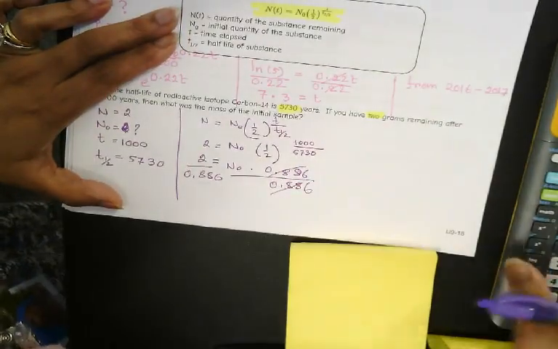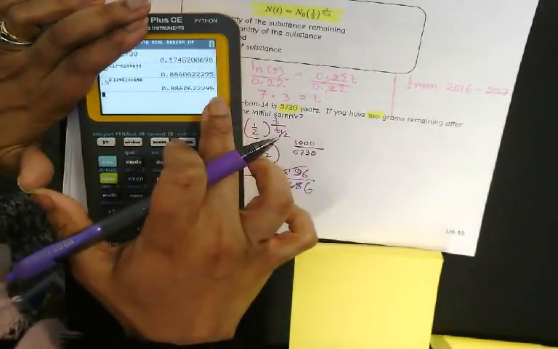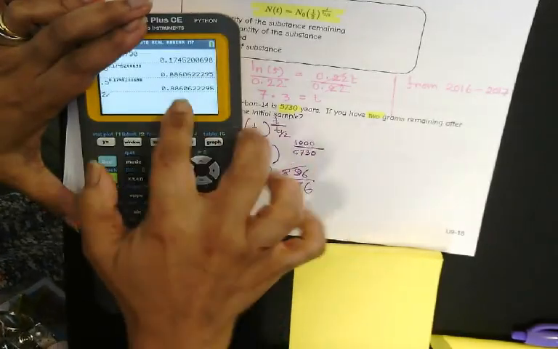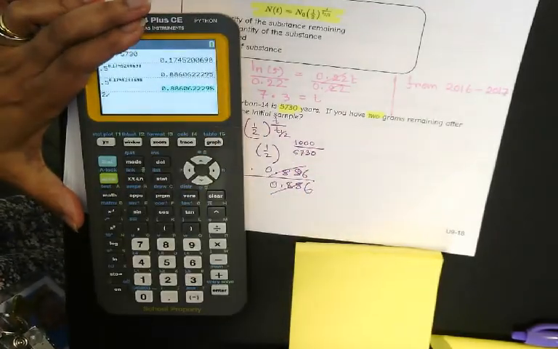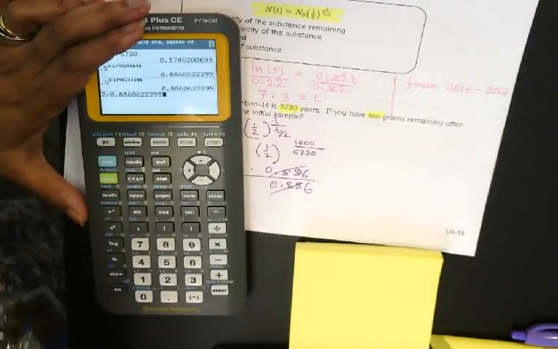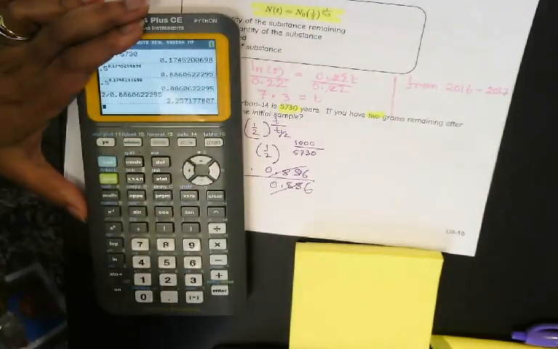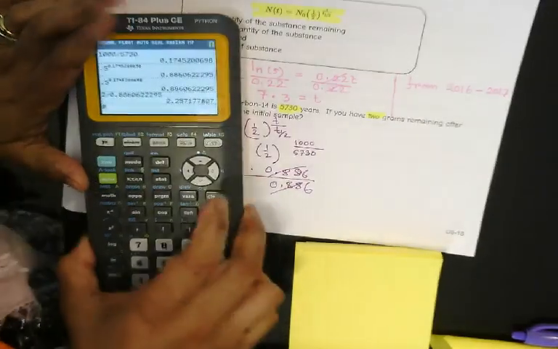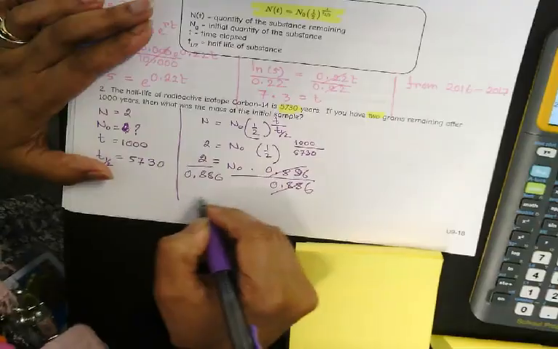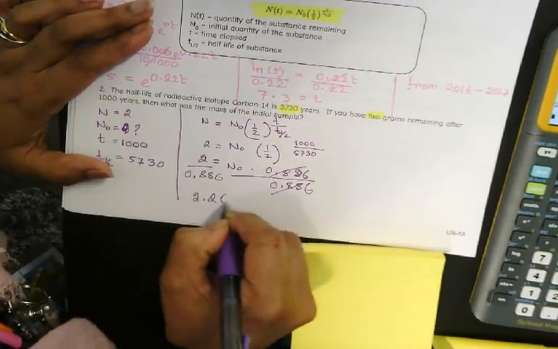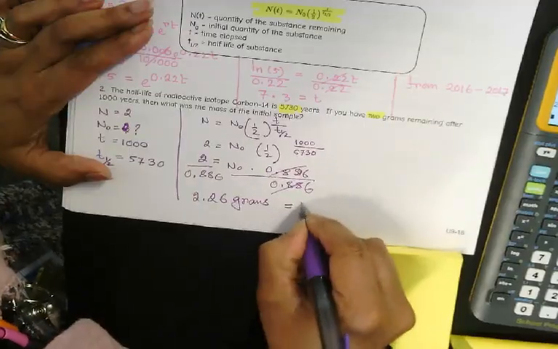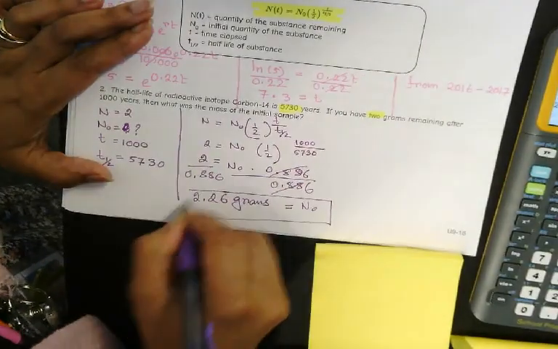Even though I'm writing only 0.886, when you divide, use the entire number. Don't just chop it. So 2 divided by, again the same thing, highlight, hit enter, it's going to bring it down. Hit enter. This is 2.257, so we can say 2.26 grams. It's going to be equal to N naught. That's my initial value.